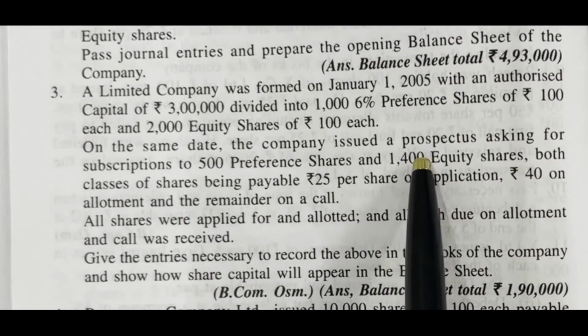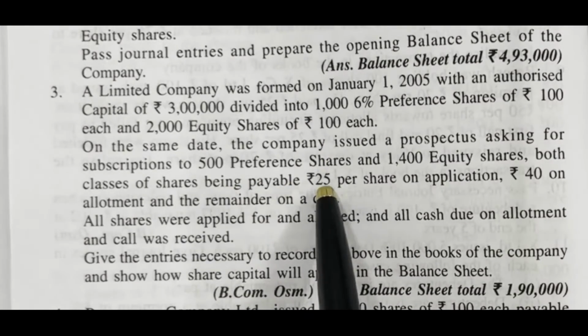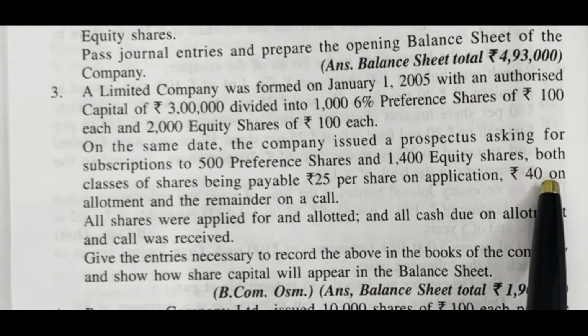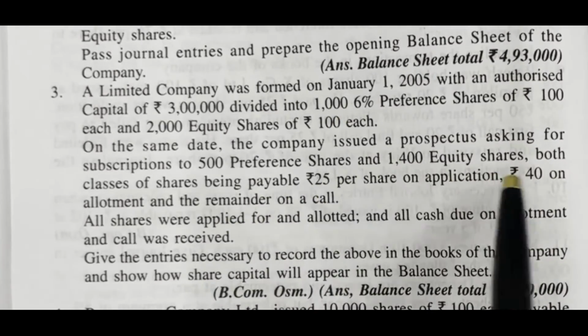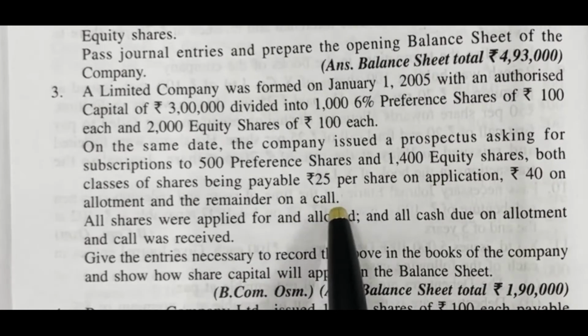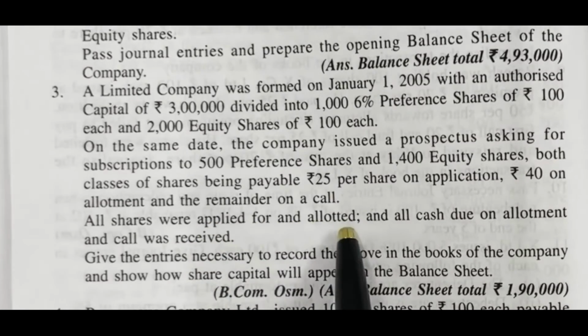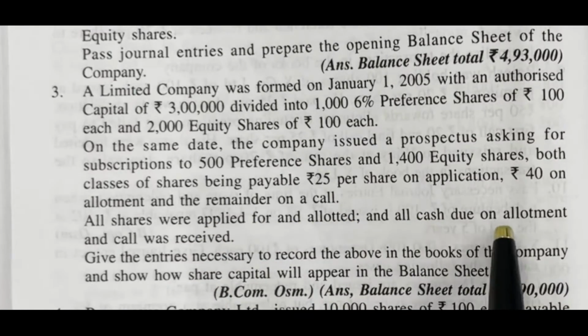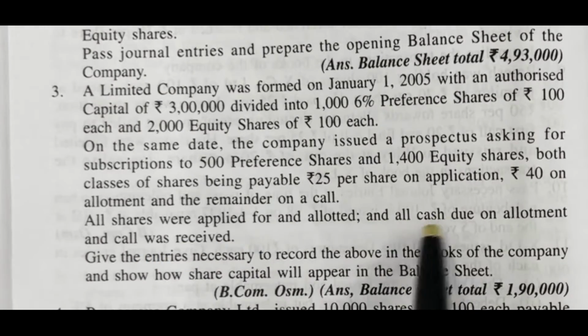Means on equity share and on preference share, application money is 25 rupees, allotment money is 40 rupees, and the remaining money, 100 minus 25 plus 40, that is 65, so 35 rupees is in the form of call. All shares were applied for and allotted and all cash due on allotment and call was received. Means there is no calls in arrears scenario.